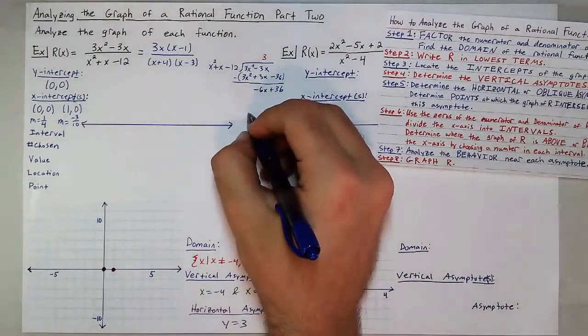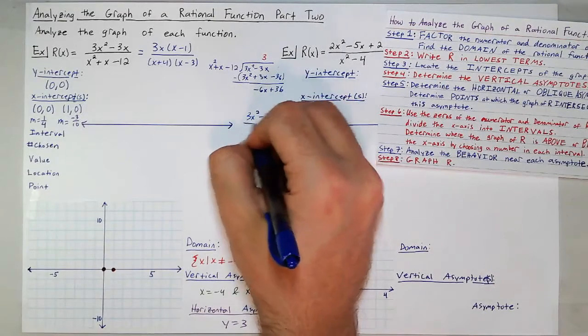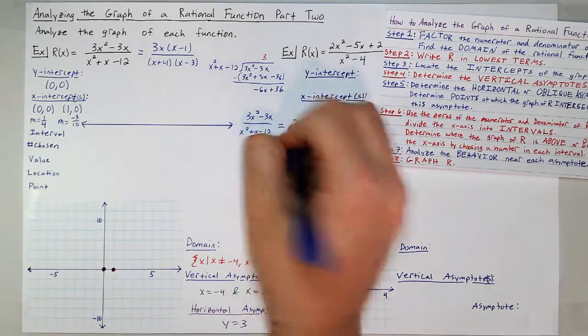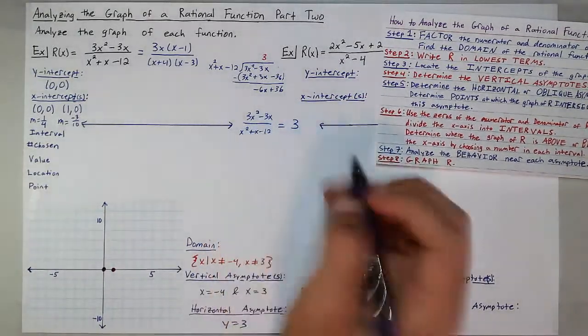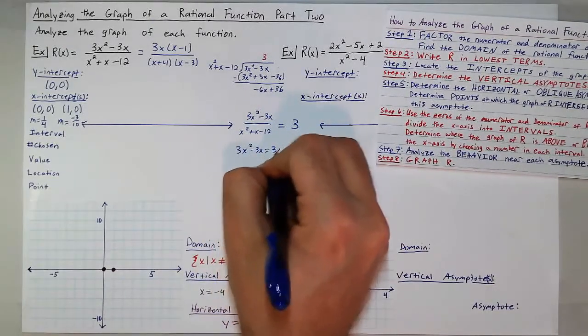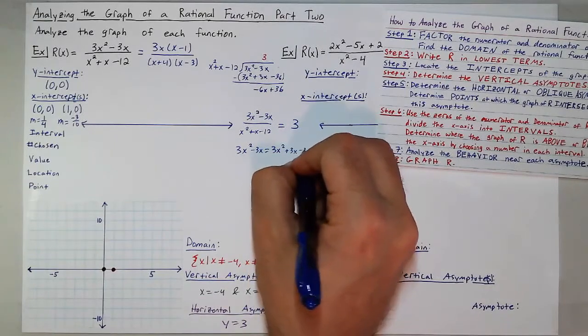So I would set (3x squared minus 3x) over (x squared plus x minus 12) equal to 3 and solve that equation. So I'll multiply each side by x squared plus x minus 12. That gives me 3x squared minus 3x equals 3x squared plus 3x minus 36.